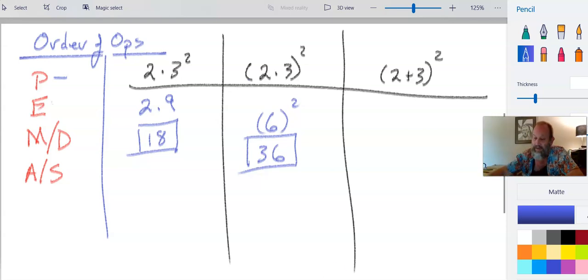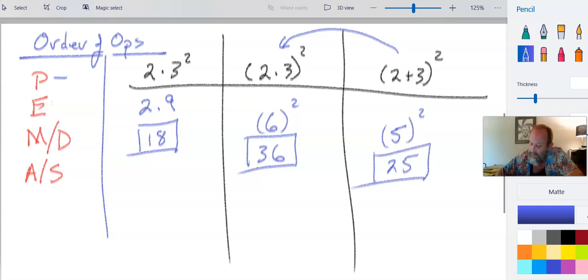Okay, so if I look at this third one here, it's pretty similar to this last one, but the difference is instead of multiplication in here, I have addition in here. And so we do have to do the addition first. And 2 plus 3 is 5. And if I square this 5, I get 25.